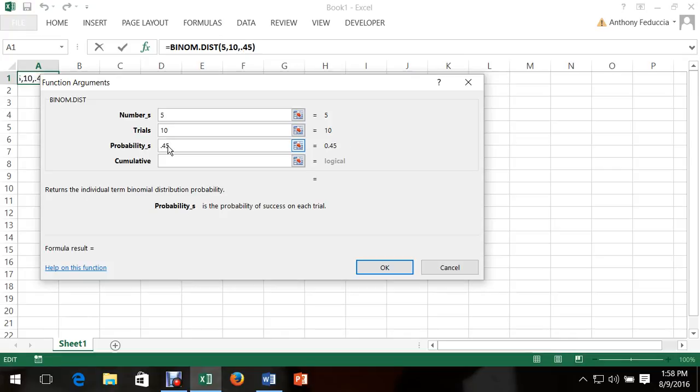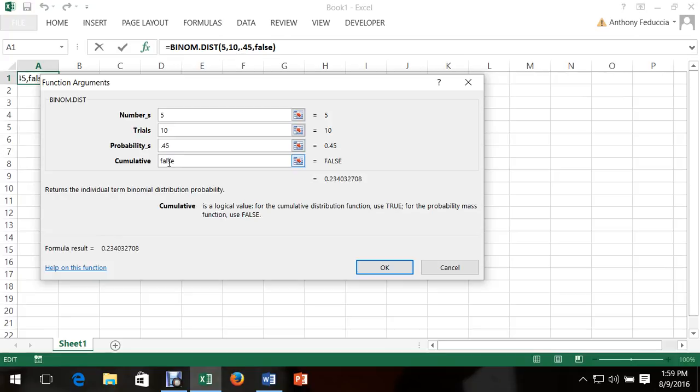Now, this last one, cumulative, what they want to know is, do you want the sum of probabilities between 0 and 5? Or do you want just 5? Well, we want just the probability that 5 do, so we're going to put in false. If you put in true, then it would add up the probabilities of no one buying it, 1 buying it, 2 buying it, 3, 4, 5 buying it.